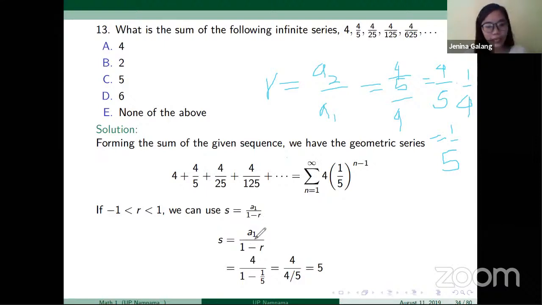So we have A sub 1, which is the first term, we have 4 over 1 minus 1 over 5. We have 4 over 4 over 5, which is 5. So the sum of the geometric series is equal to 5.